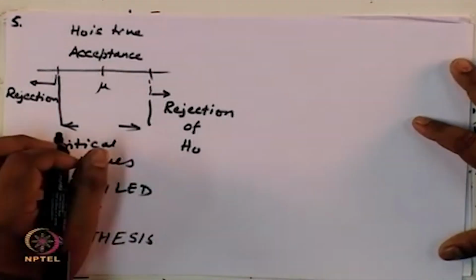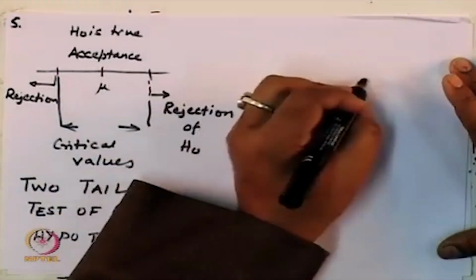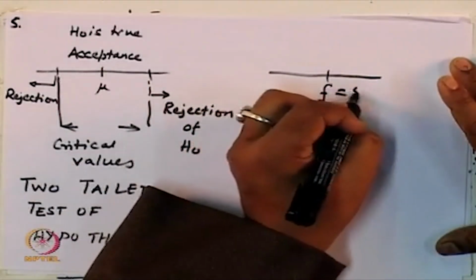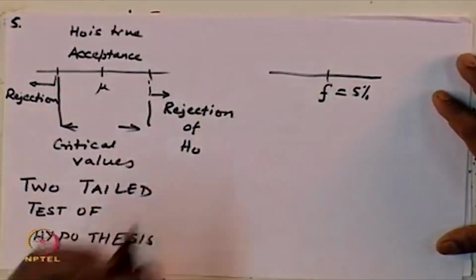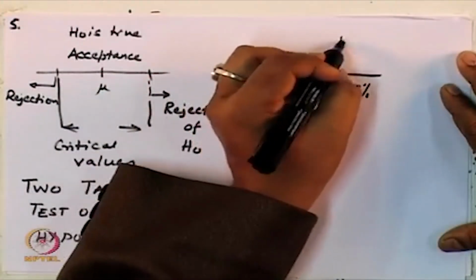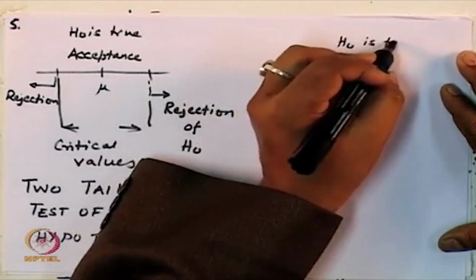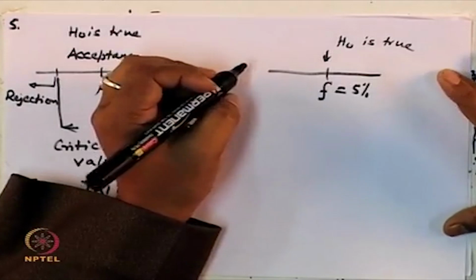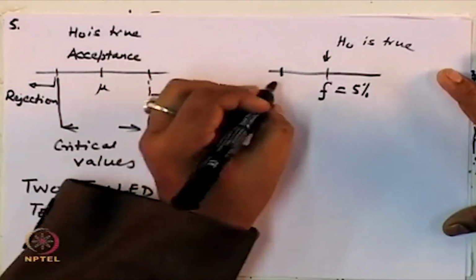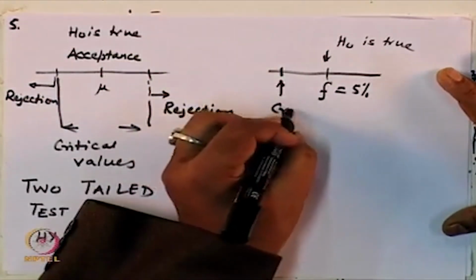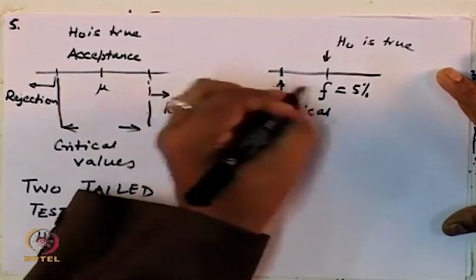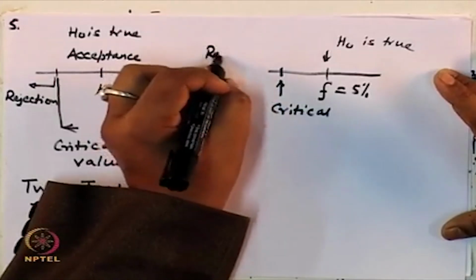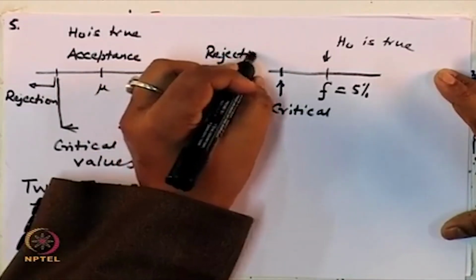In the other example we had discussed briefly that you have a fraction f of 5%, which corresponds to H naught being true. So, you want to lower the defective pieces. Your critical value is somewhere much to the left of it, and this is your rejection region.